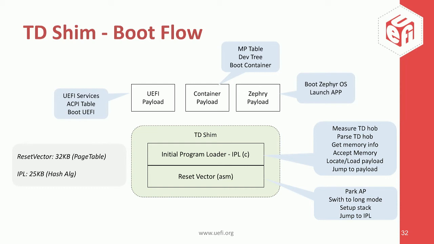And we did some prototyping for this TD Shim. We show a small reset vector could be 32K, including a fixed page table, whereas 24K. And the small IPL could be 25K, including the SHA-384 hash algorithm to measure the next boot component.